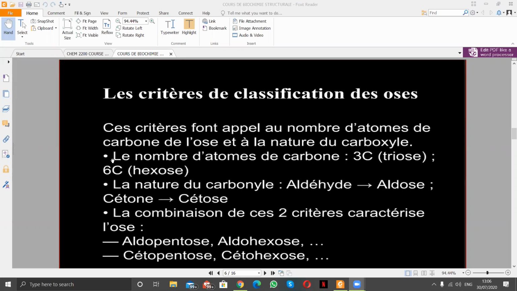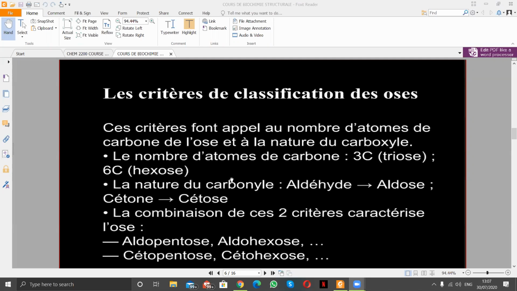Then I talked about the nature of a carboxylic function. A carbohydrate is characterized by a carboxylic function, which can either be aldehyde or ketone.